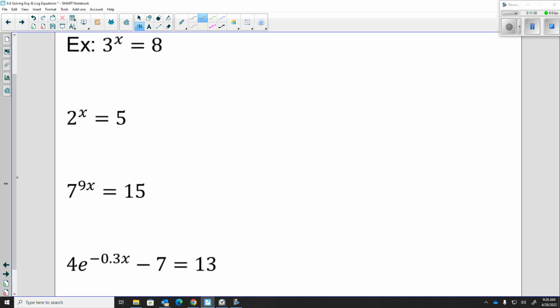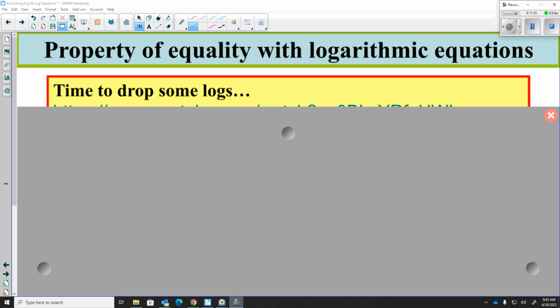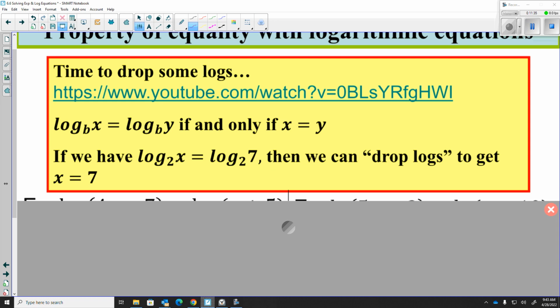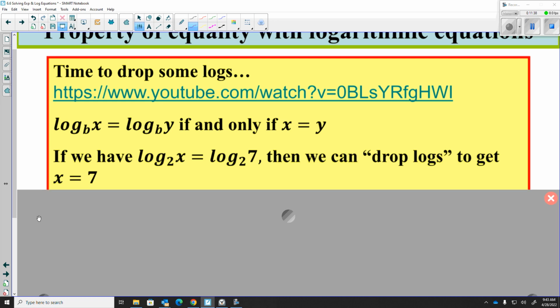Let me show you what we're talking about. We're dropping logs. Again, math language. You don't need to write that down if that's not helpful for you. This is what it is in normal person language. If you have log base 2 of x equals log base 2 of 7, you can drop the logs. Okay?